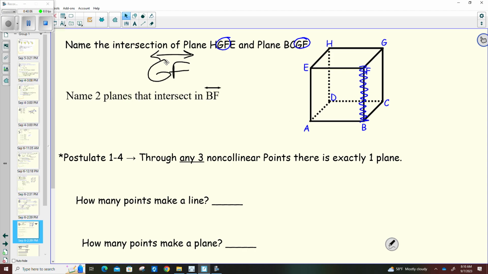Good. Is there any symbol? No, no line over the top. Lines, 2 letters, have a line over the top. Planes have nothing. You can just name them with the 3 letters and be done. You could also, because again, it's a cube, you can name it with all four if you want.